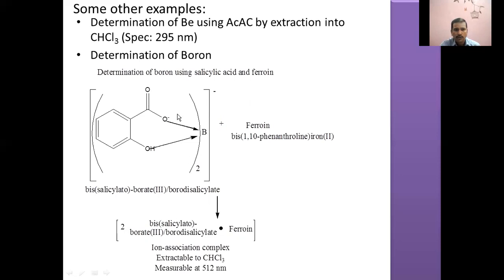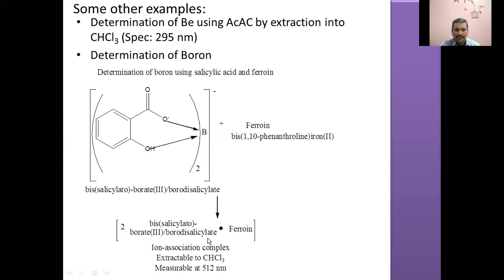So you take 2 moles of this borodisalicylate and treat with 1 mole of ferroin, and you will get the borodisalicylate ferroin ion association complex. The individual ions were chloroform insoluble, but this ion association complex is chloroform soluble. This is a colored system, and 512 nanometer will be the wavelength of maximum absorption to measure this ferroin bis salicylatoborate 3 ion association complex.